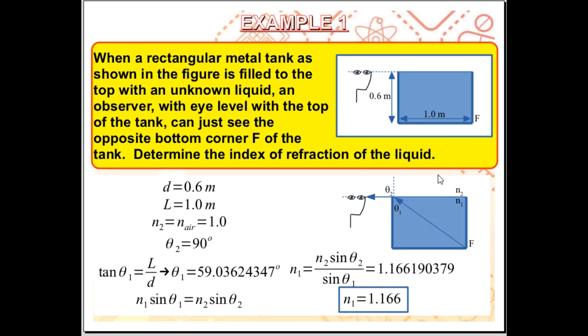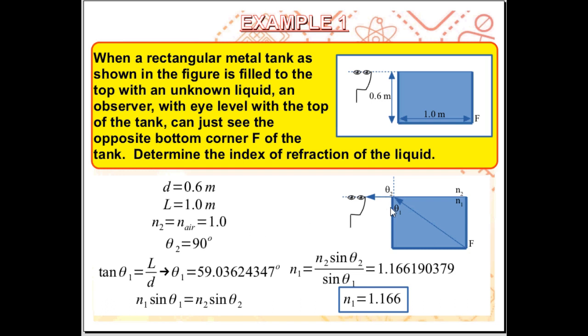Medium 1, medium 2, N1, N2, this is the interface between the two media, and the normal line to the interface is this line. We get our angle of incidence, theta 1, and angle of refraction, theta 2. From the figure, we can easily see that the angle of refraction, theta 2, is 90 degrees.